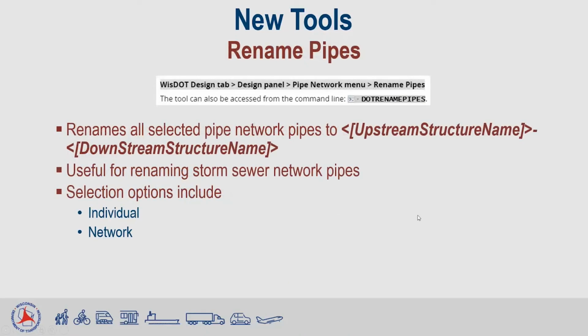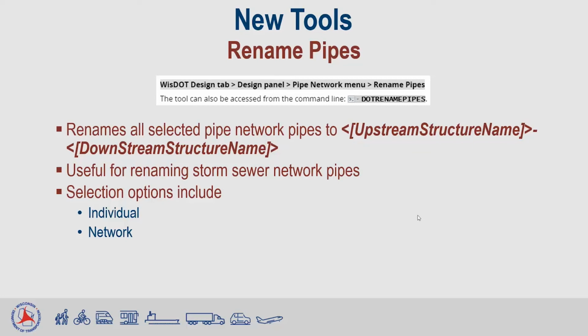All right, the next tool is called Rename Pipes. This one is also found on the WisDOT Design tab, Design Panel, Pipe Network menu. The purpose of this tool is to rename pipes, mainly for storm sewer pipe networks.